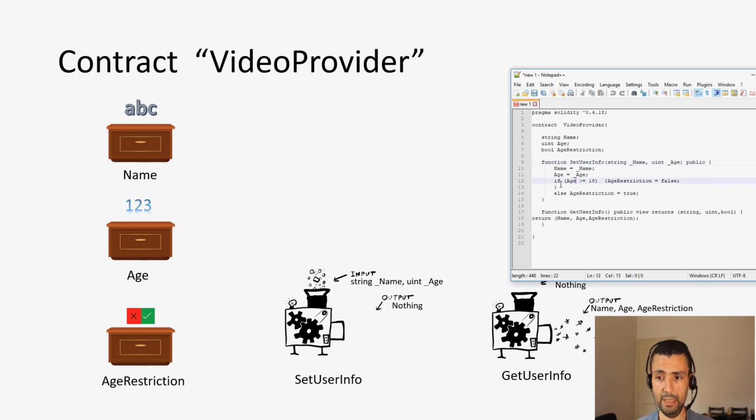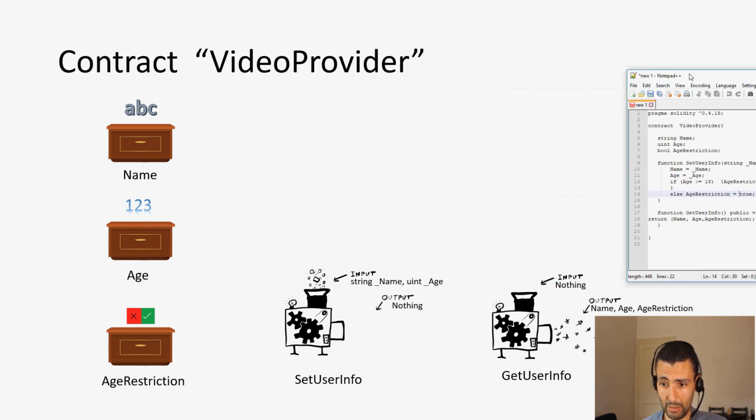And then if you find that the age is bigger than or equal to 18, then set the age restriction to false, which makes sense. So if this guy is older than 18, then there's no age restriction. Else this means otherwise the age restriction remains true. There will be age restriction.